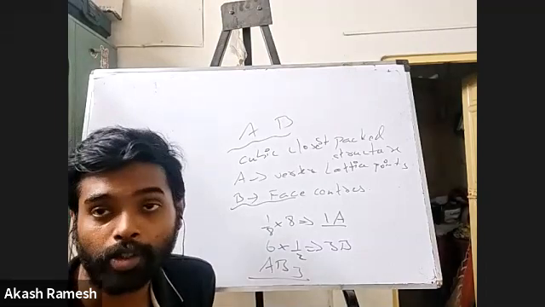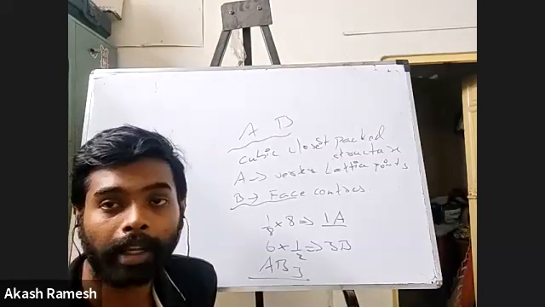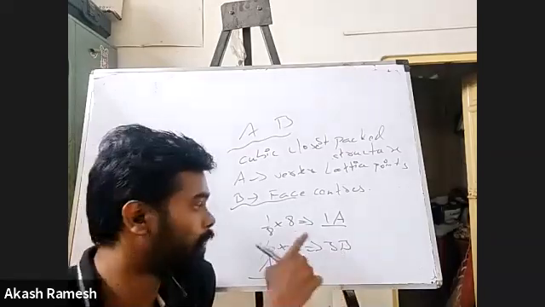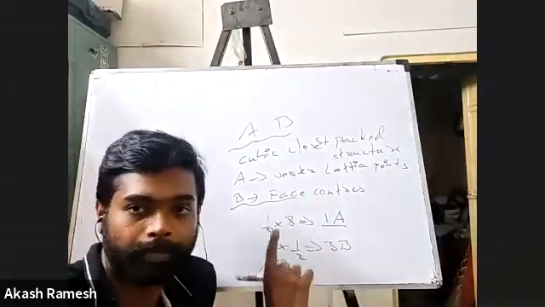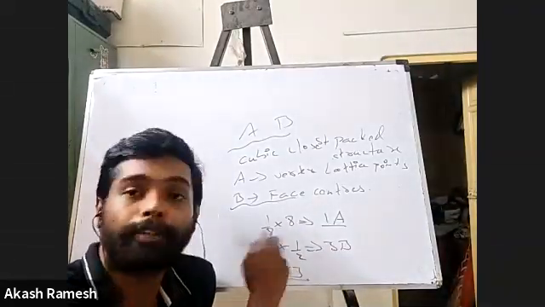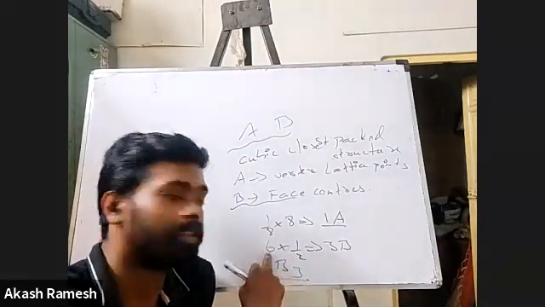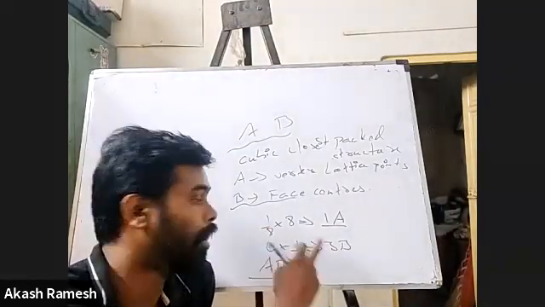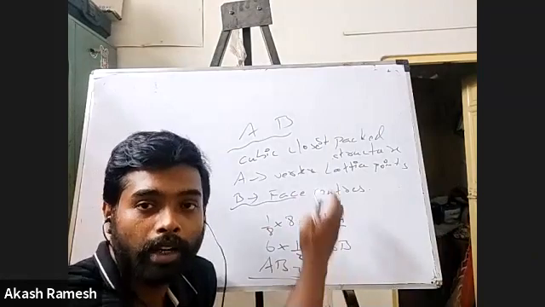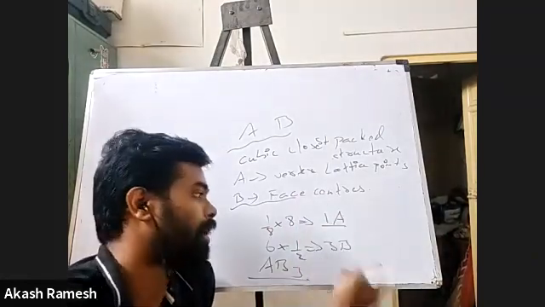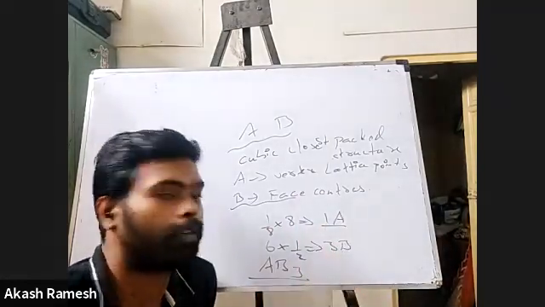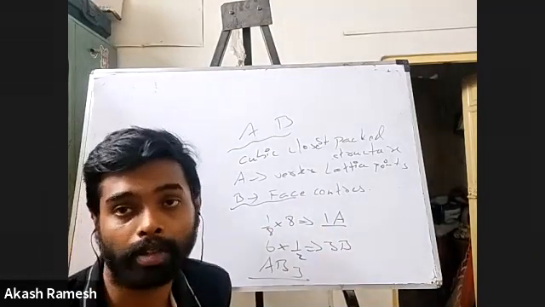Everybody understood how it is AB3? A is occupying only the corner lattice points, so 8 into 1/8, only 1. And B is occupying all the face centers. There are 6 faces, the contribution is 1/2, so they'll have 3 B's. So these are there per unit cell, 1 A and 3 B. So the formula will be AB3.